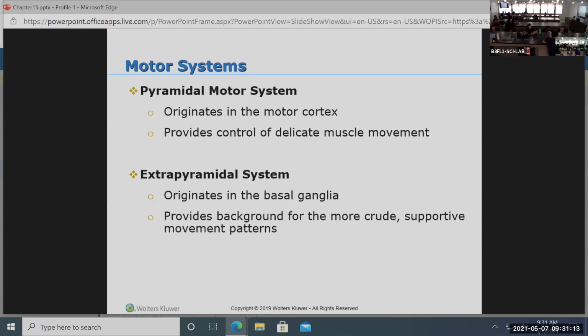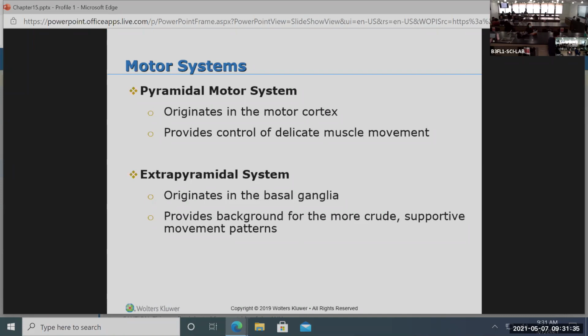What it does, it provides control of delicate muscle movement. All those voluntary movements take place with the help of my pyramidal motor system. Then we have involuntary control with the help of the extrapyramidal system.